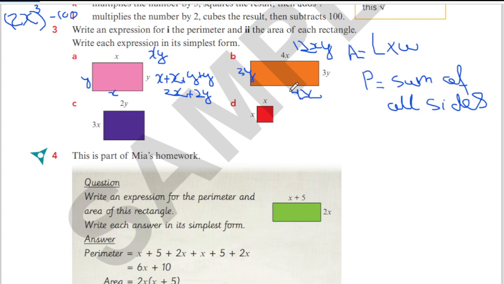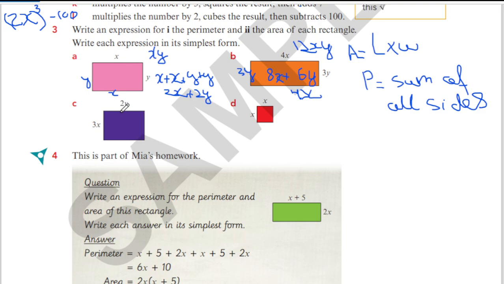This is area, and the perimeter will be 4x plus 4x, it will be 8x, plus 3y plus 3y, it will be 6y. So the perimeter of part B is 8x plus 6y and the area is 12xy.